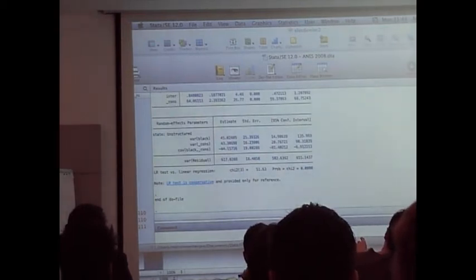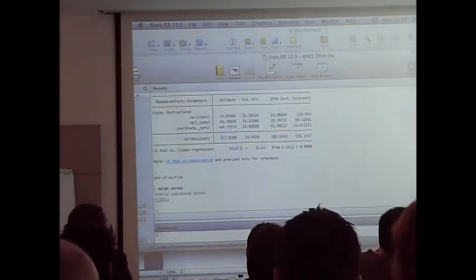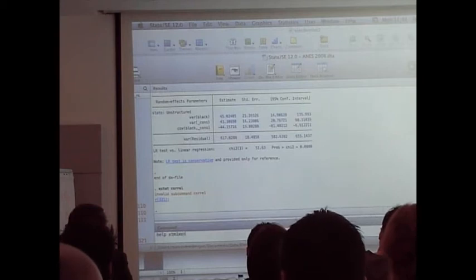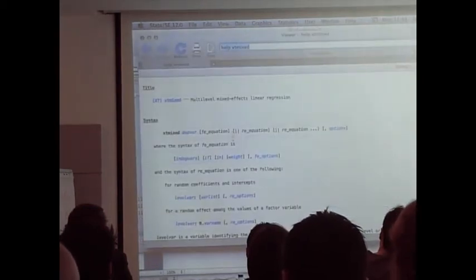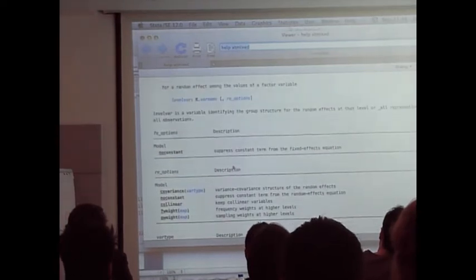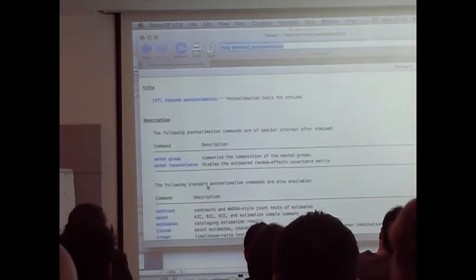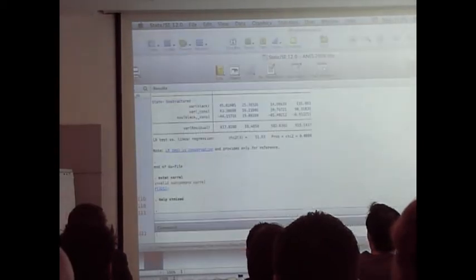But now I will re-express some of this as something. What drives me nuts about Stata is that they're not consistent in how they let you do things.